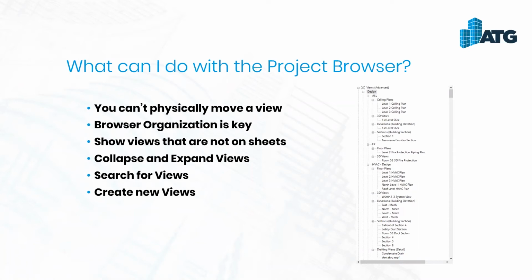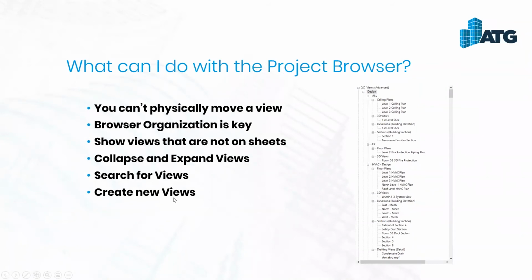And it isn't just views, it's anything in the project browser. So if you're looking for a specific family in the browser, just start typing the name of it in, or a couple words there, and you can click next and it'll cycle through all the items that have that word or phrase in it. And you can find those items a little bit easier within there. So I use that a lot when I'm searching for stuff within there.